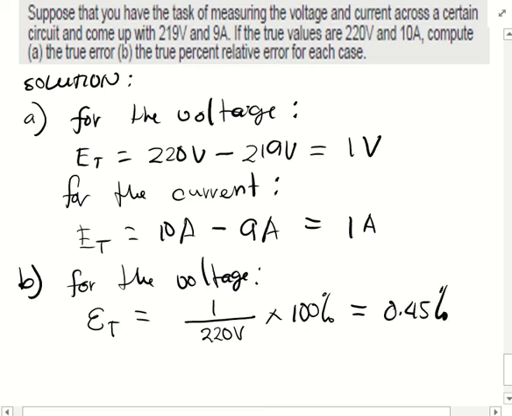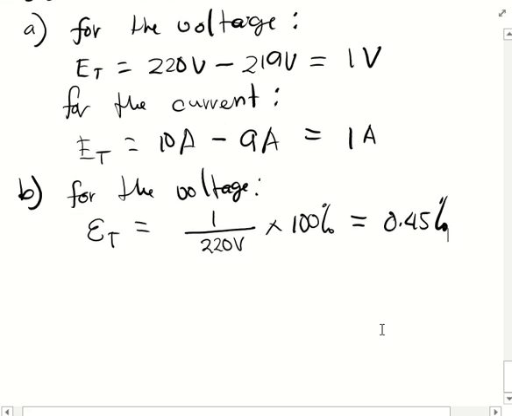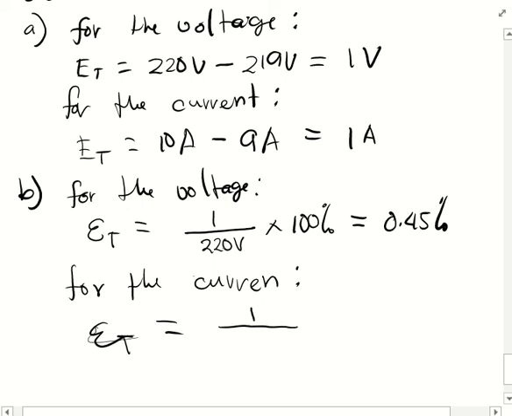So this means there's an error of 0.45%. So it's less than 1% error. So this is a good measurement approximation. How about for the current? It's also 1 in value, 1 amp. But how about the relative error for current? The relative error epsilon of t will be equal to still 1, but instead of dividing it with 220 volts, we divide it with 10 amps.